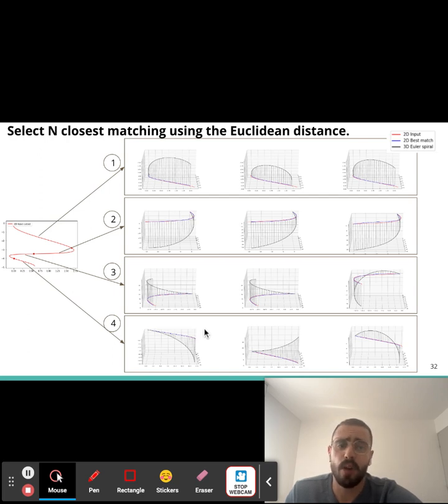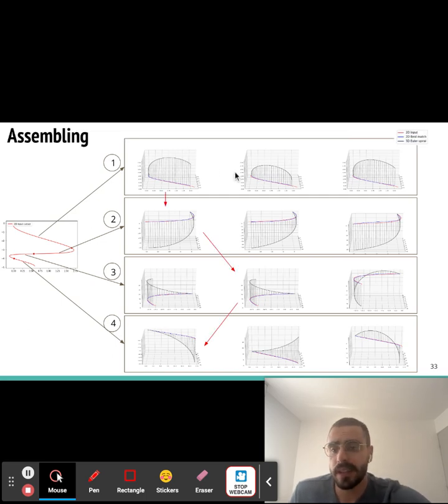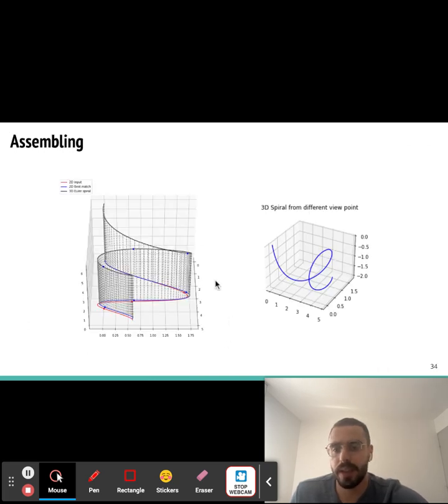So now comes the problem of assembling. As I was already saying, we have 3 pieces, and for each piece we have several matching options. So now how do we find the best assembly of pieces that suit each other best? For instance, if we choose to take this one with this one in this order, we will have this 3D Euler spiral, which looks very good.